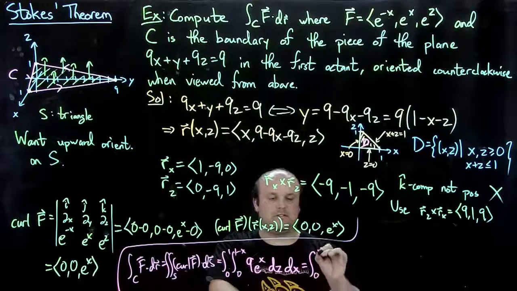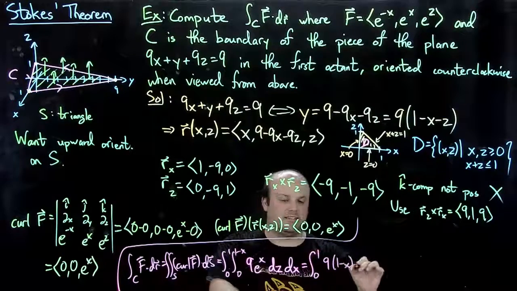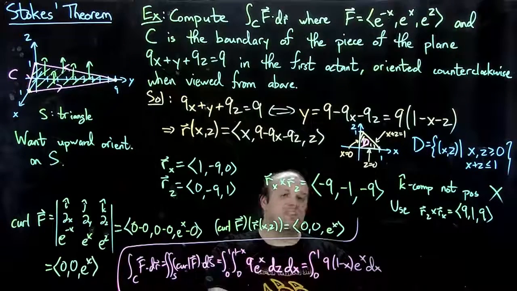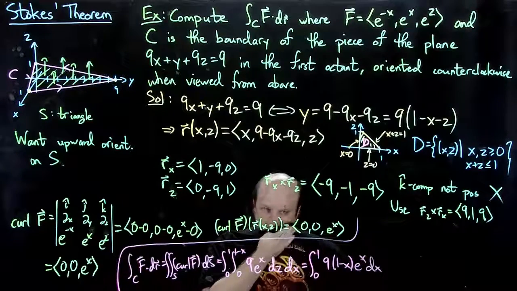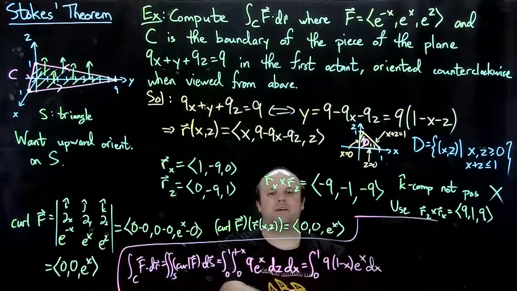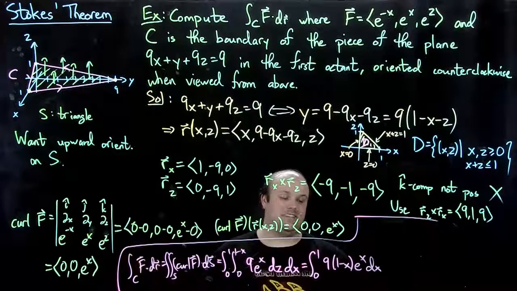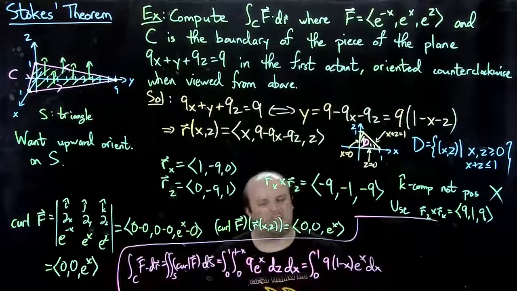So this becomes the integral from 0 to 1 of 9 times 1 minus x, e to the x dx. All right, so this involves integrating x e to the x. We haven't done integration by parts anywhere in this series of videos so far. So let's just go ahead and do one real quick.